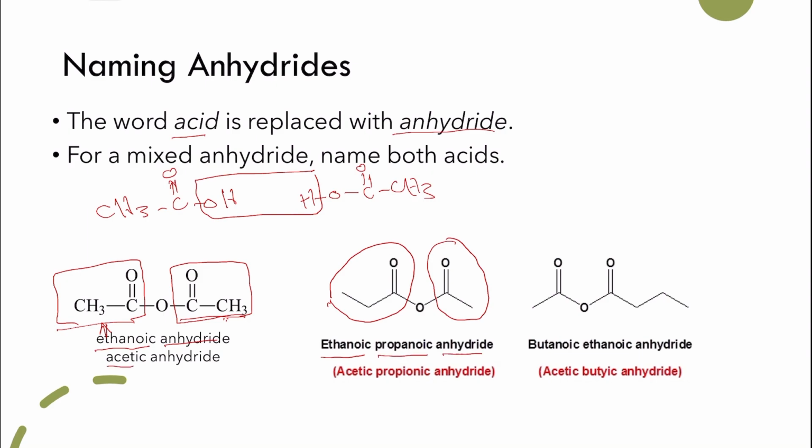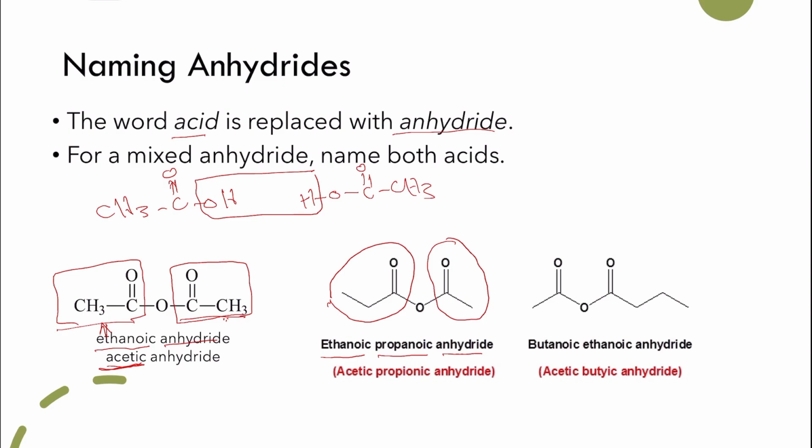When you say only one acid name, that means both derivatives of the acids on the anhydride are identical. We don't say diacetic anhydride, we just say acetic anhydride. We don't say diethanoic anhydride, we just say ethanoic anhydride, and that means that both sides of the anhydride are ethanoic acid. But when we have a mixture like this one, we have to name both of them.